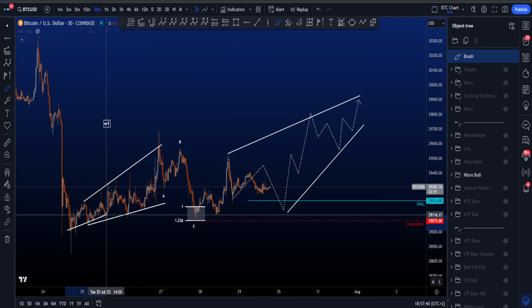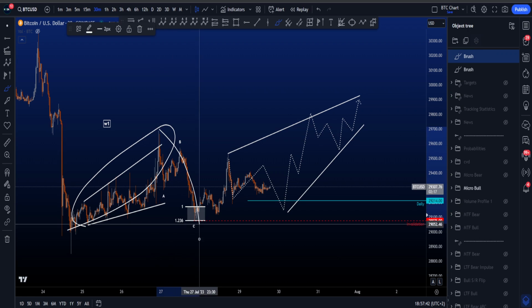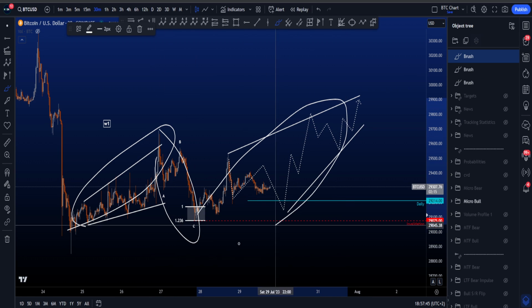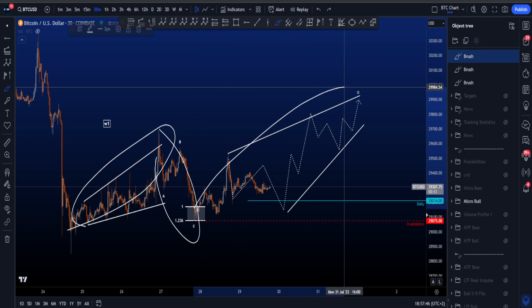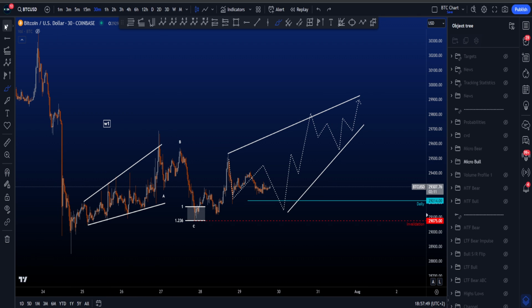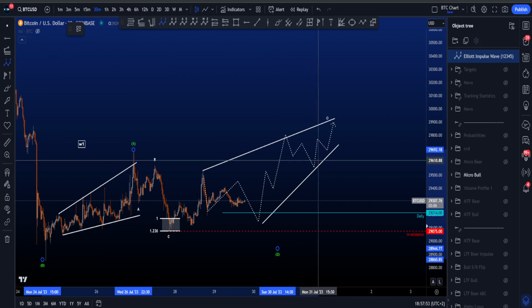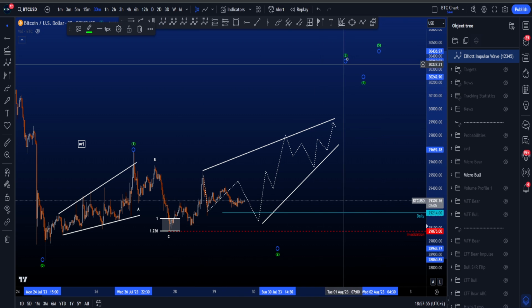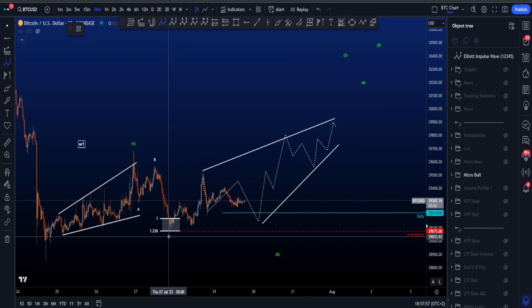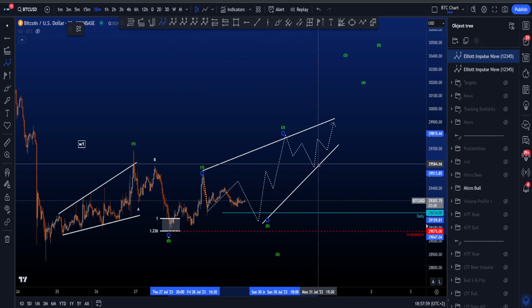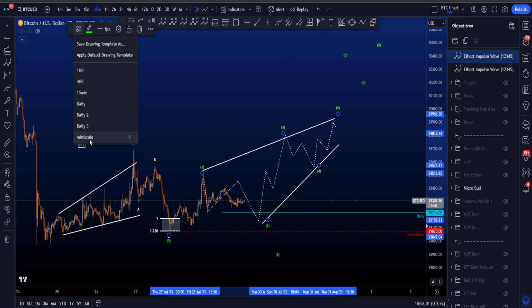Now in this scenario, if this is a wave 1 to the upside, this is a wave 2, and this is a second wave 1, then this second wave 1 is of a lower degree. What I mean here is that this move up is going to be the green count, and then inside the green wave 3, we have another bullish structure towards the upside, which is now in white.